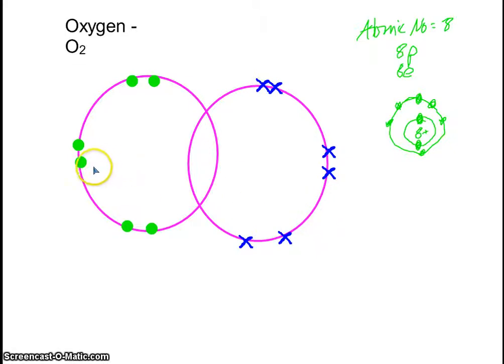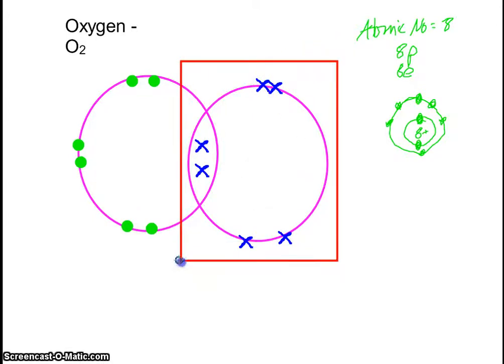So the atom with the green electrons says, I'm really unhappy. I need more electrons. And so the atom with the blue electron says, okay, well, I could share 2 of mine with you. And you take a look. This atom, he's still only got 6.